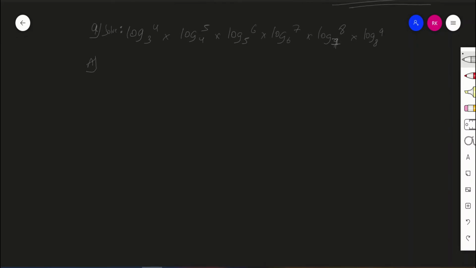If I write log of a base b, I can write it as log a upon log b. So using this property, log 4 upon log 3 into log 5 upon log 4 into log 6 upon log 5 into log 7 upon log 6 into log 8 upon log 7 into log 9 upon log 8.